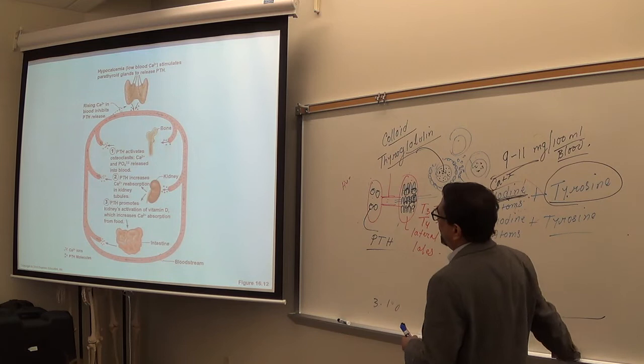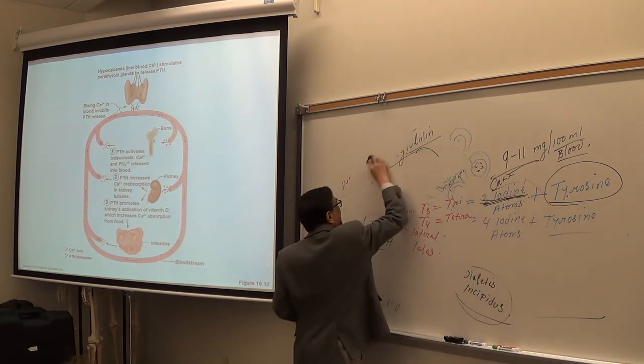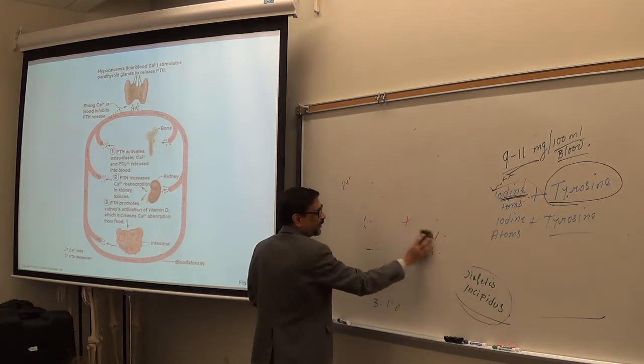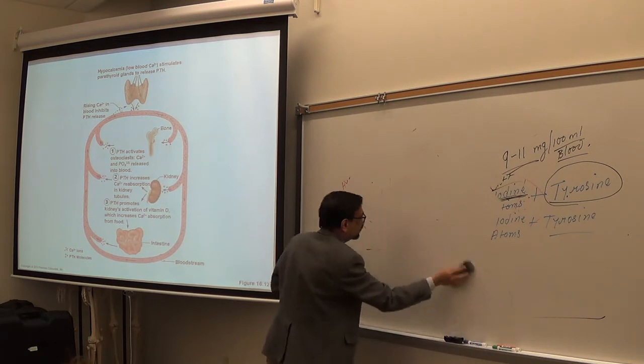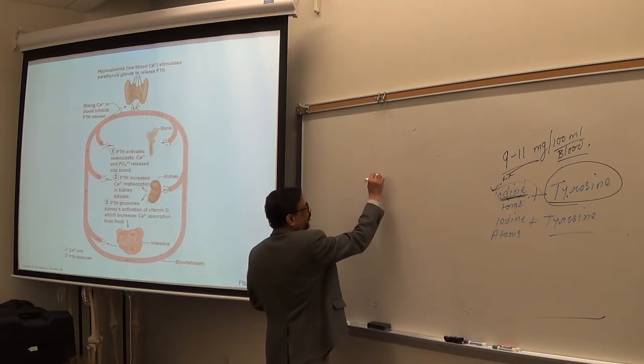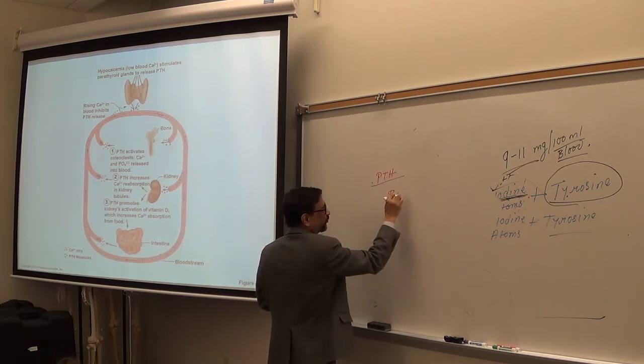How does the parathyroid hormone increase the blood calcium? Parathyroid hormone works on 3 organs, 3 structures in the body. Number 1, parathyroid hormone works on the bones.